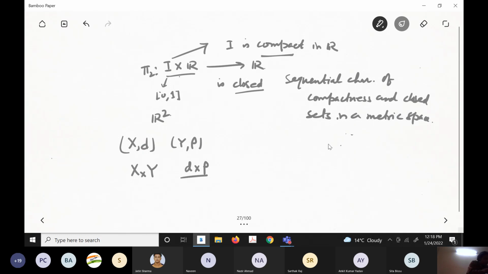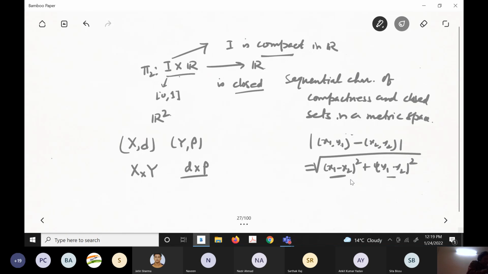When you take the usual distance in R square, you give the square root of (x1 minus x2) square plus (y1 minus y2) square, where this is d in R and this is also d in R.